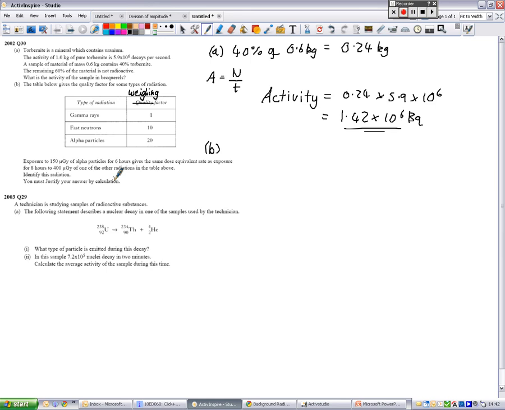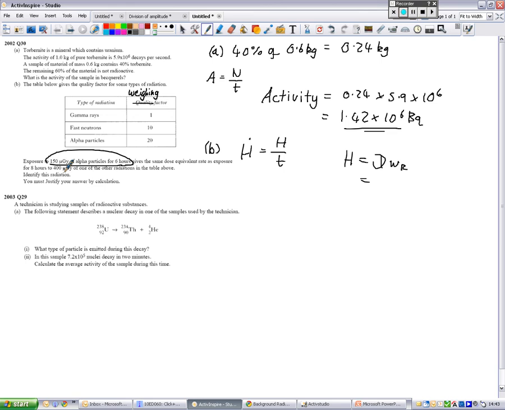Identify this radiation. There's a few ways you can do this. I'll show you the way that I did it. You're basically looking at the dose equivalent rate being H dot equals H over T. You don't know H dot at this stage, so you need to figure out what H is for this little bit here. So 150 milligrays of radiation, remember that is your equation for dose equivalent.